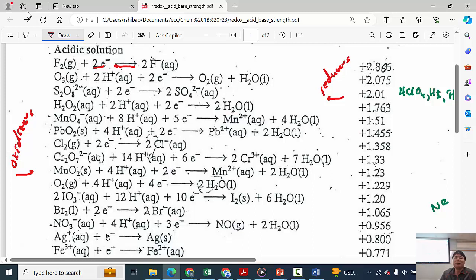We only have one table. The table contains both, and since there's a conjugate relationship, we don't do anything else. For this particular question, I asked, what will fluorine oxidize? Using the zigzag pattern, will fluorine oxidize fluoride?